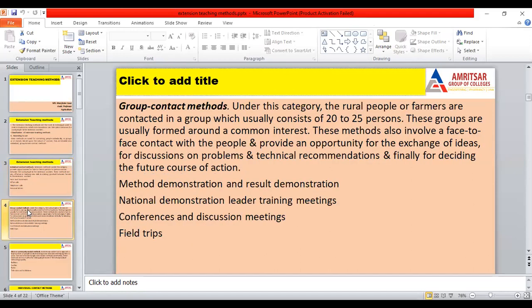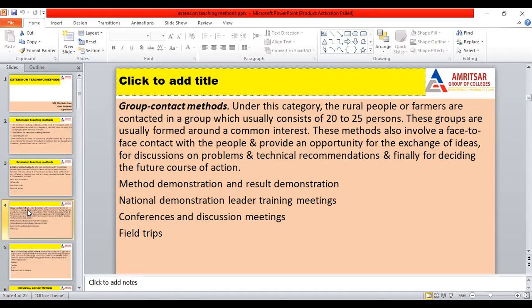Next is group contact method. Under this method, an extension worker contacts a group of persons consisting of 20 to 25 people. In this method, the extension worker contacts people by face-to-face interaction. Under this, they provide information about the new variety and about the new technology.